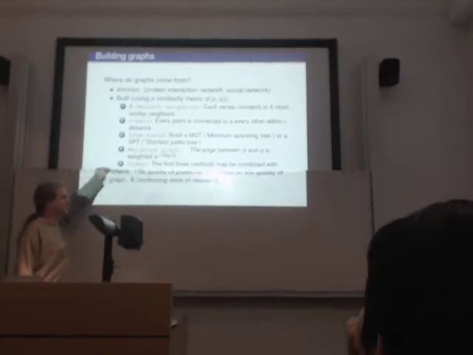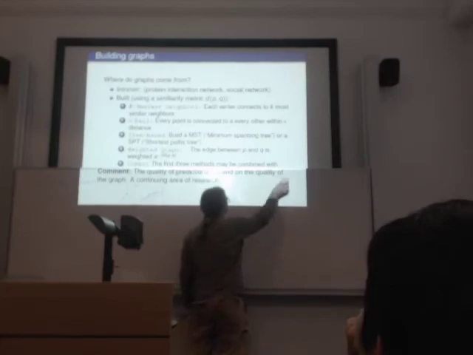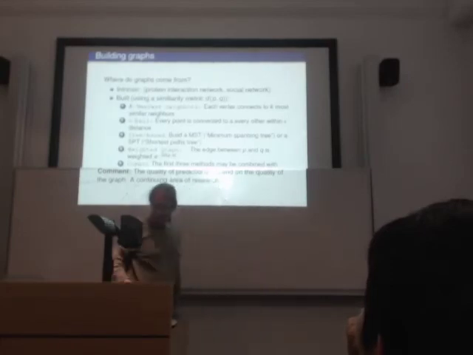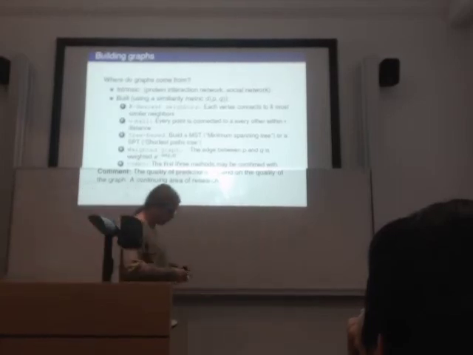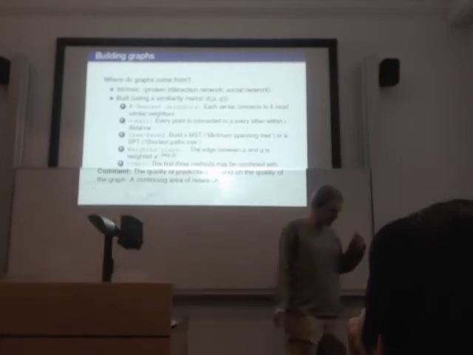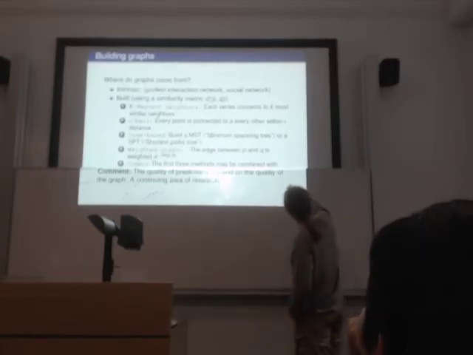So let's take a look at a minimum spanning tree. Minimum spanning tree is quite good in practice, and tends to be a little better than the shortest path tree. So now we have our points.